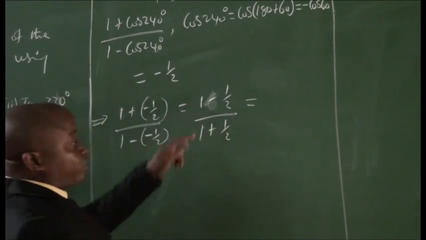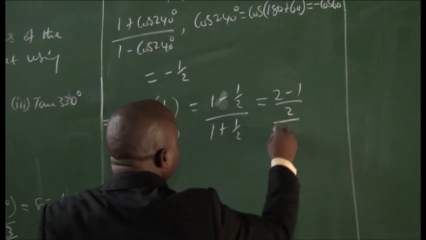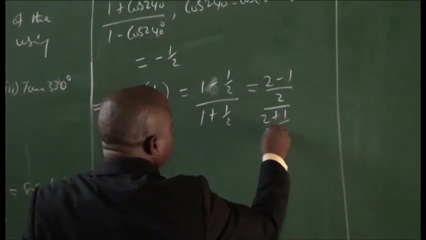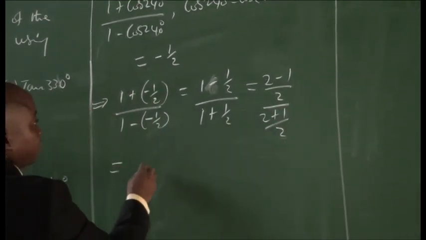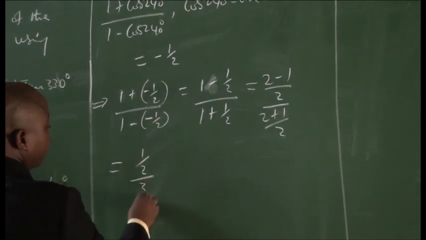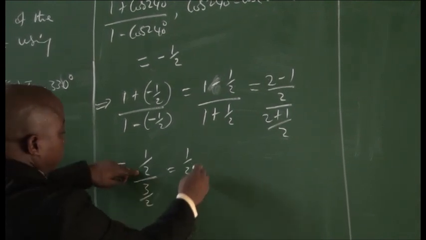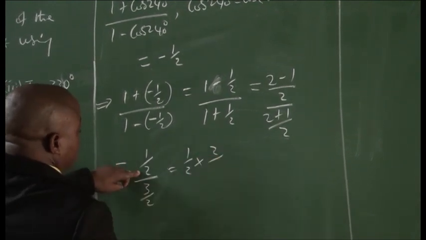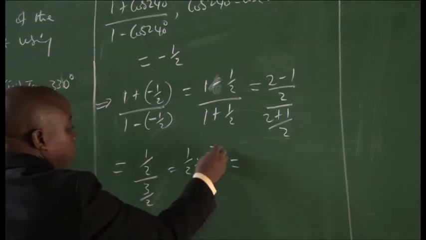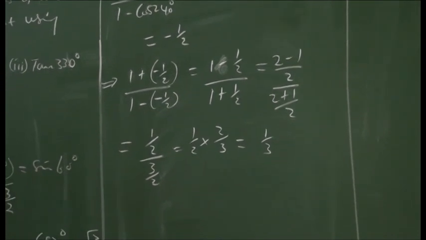Taking LCM, we have 2 minus 1 over 2 over 2 plus 1 over 2, which gives us 1 over 2 over 3 over 2. This is 1 over 2 times 2 over 3, which is 1 over 3. So that's the value.